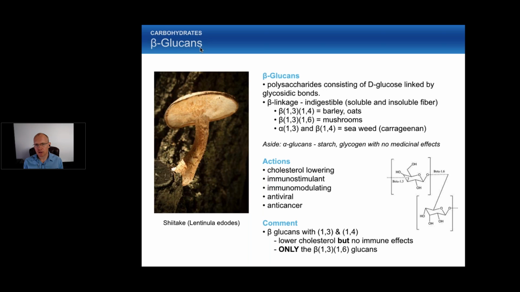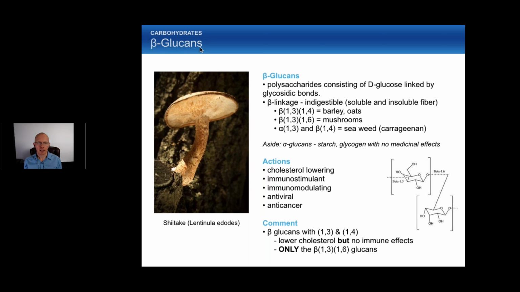Another type of beta-glucan is the alpha-1,3/beta-1,4 linkage, and this is associated with certain types of seaweed, like carrageenan, which, as I mentioned earlier, is a thickening agent in the food industry. It's basically a type of beta-glucan. To the best of my knowledge, it does not have the immunomodulating effects that the mushrooms have, though.